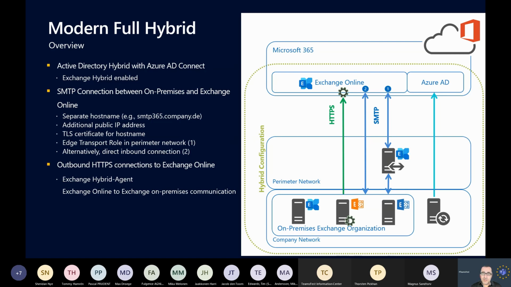And this outbound connection, so from your internal servers to Microsoft 365, is used by Exchange Online to communicate with your internal Exchange server organization. So no public IP address, no TLS certificate, no external host name required for the hybrid service communication between Exchange Online and the on-premises environment. This is the main difference between modern hybrid, or modern full hybrid, and the classic hybrid model.